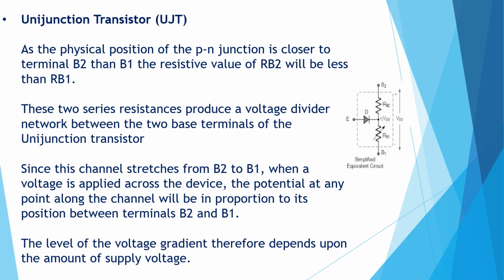Okay. The level of voltage gradient therefore depends upon, of course, the supply voltage. The total supply voltage will be divided into voltage drop across RB1 and voltage drop across RB2. The voltage drop across RB1 will be called VRB1 and voltage drop across RB2 will be called VRB2, and the total supply voltage will be VBB. Okay.